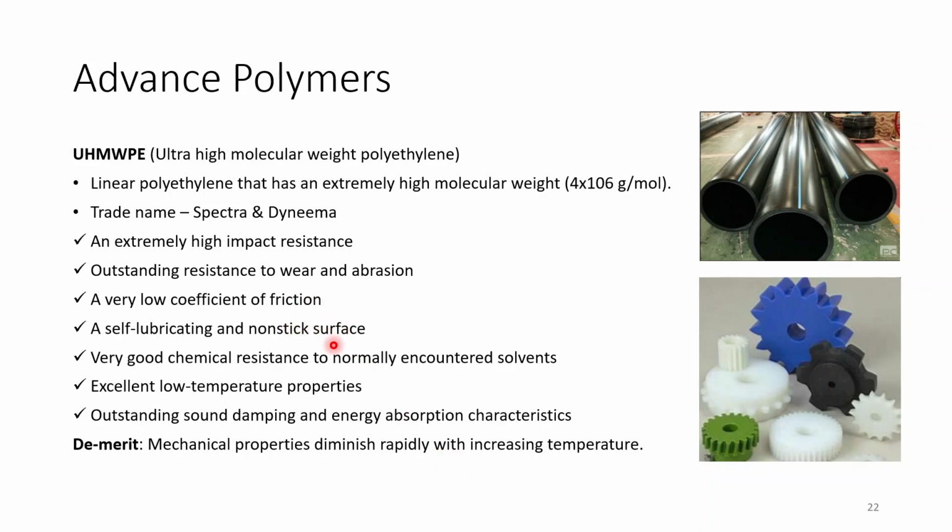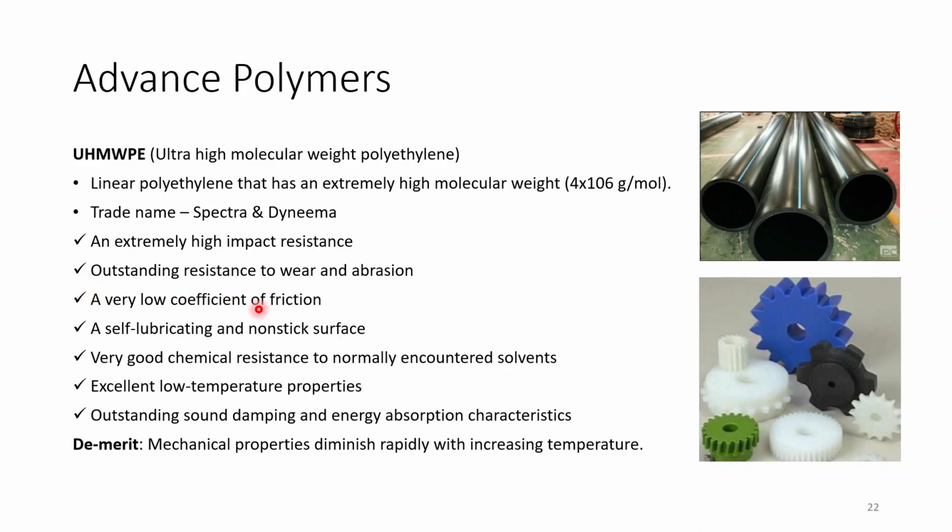So these are some of the applications and their properties. In the case of ultra high molecular weight polyethylene, you'll have high impact resistance, and good resistance to wear and abrasion. That's why they are used in making gears as well.